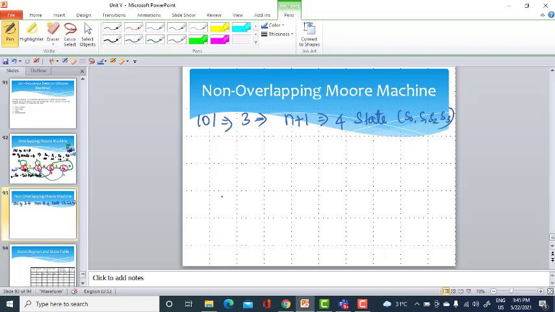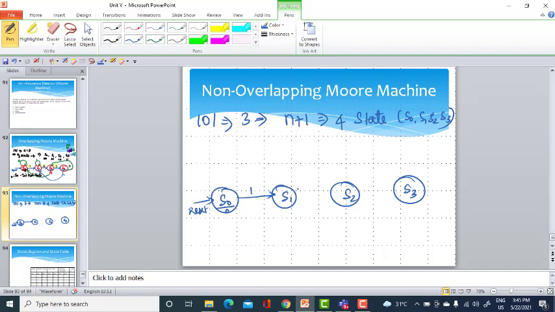So, S0, S1, S2, S3. The initial state is this. Output 0. And the correct sequence is 1 0 1.